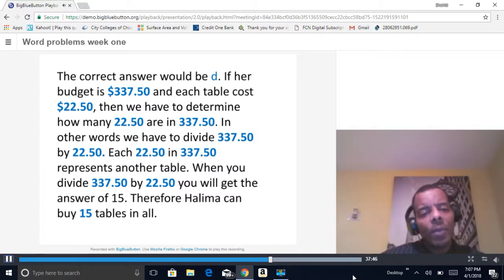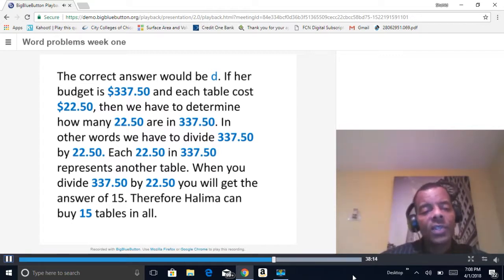If her budget is $337.50 and each table costs $22.50, then we have to determine how many 22.50s, as I said earlier, are in $337.50. In other words, the quick way is to divide. So if we divide that, whether you're going to do it long division or with your calculator, you would get an answer of 15.